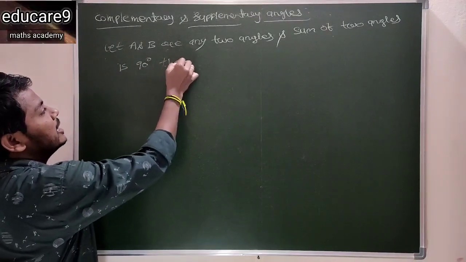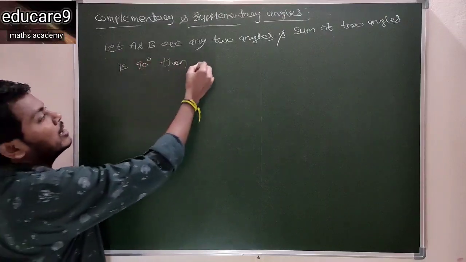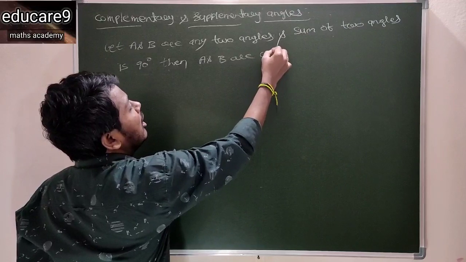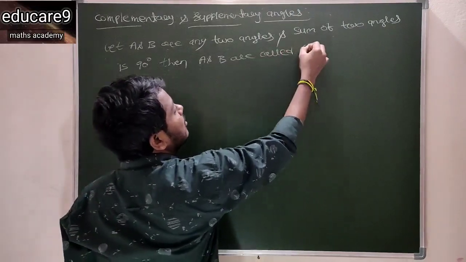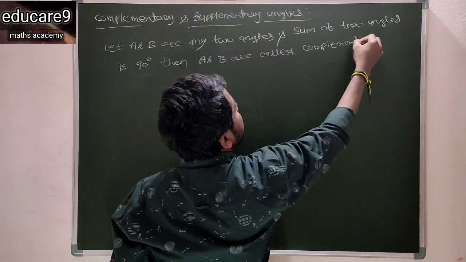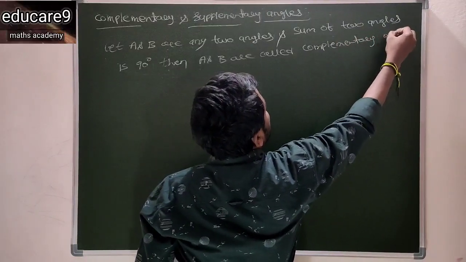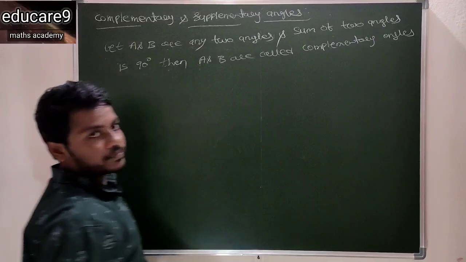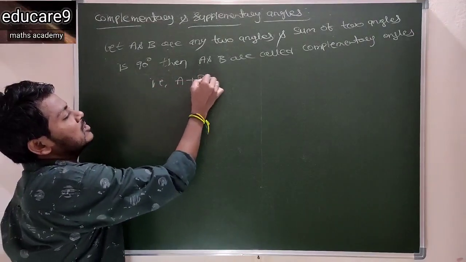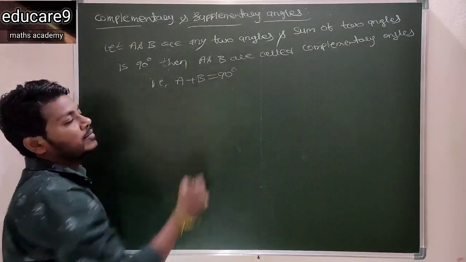Then we can say that A and B are called complementary angles. That is, A plus B is equal to 90.